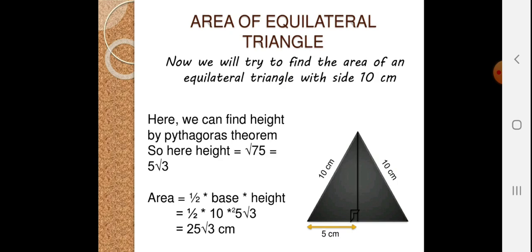Now, how will you find the area of an equilateral triangle? To find it, first you need to figure out the base as well as the height. Here you can see that all three sides are 10 centimeter. But using the Pythagoras theorem, you need to find the height for this given triangle.